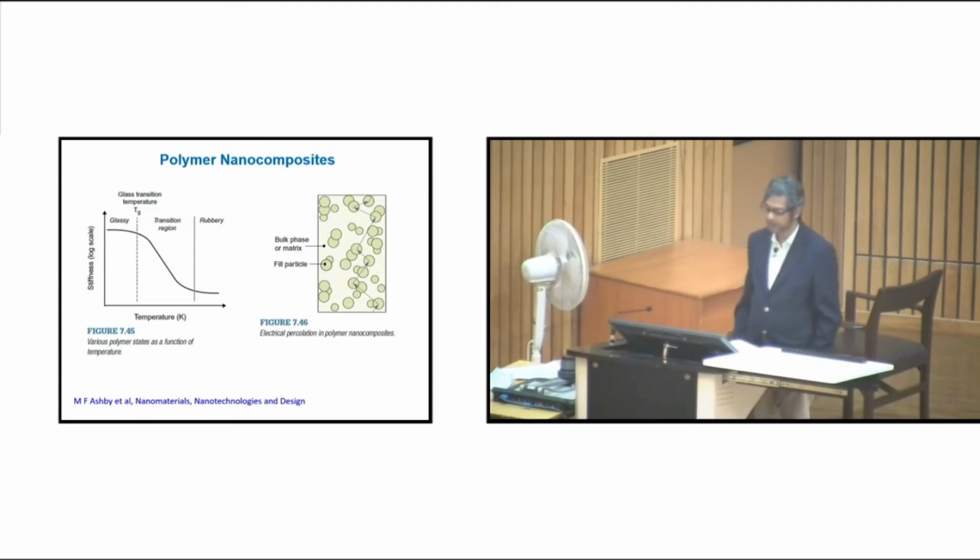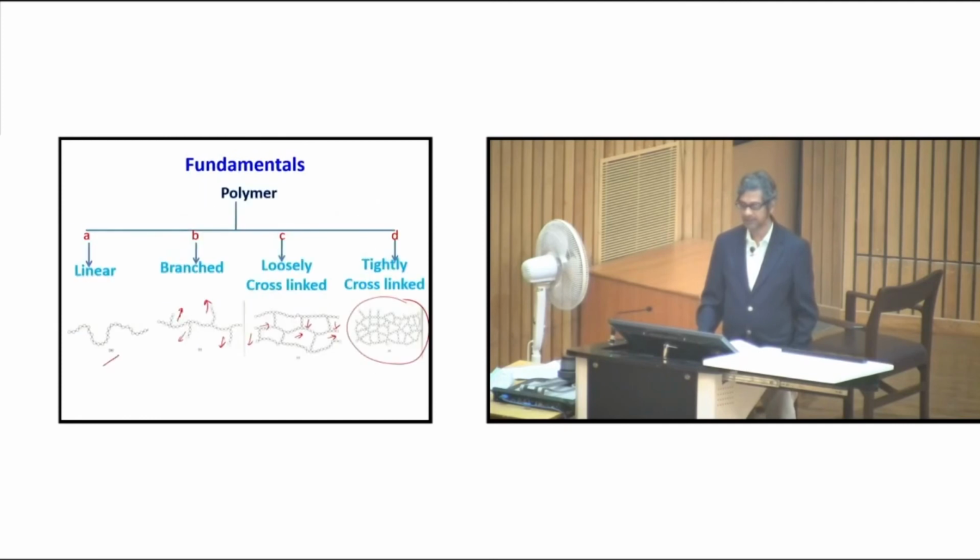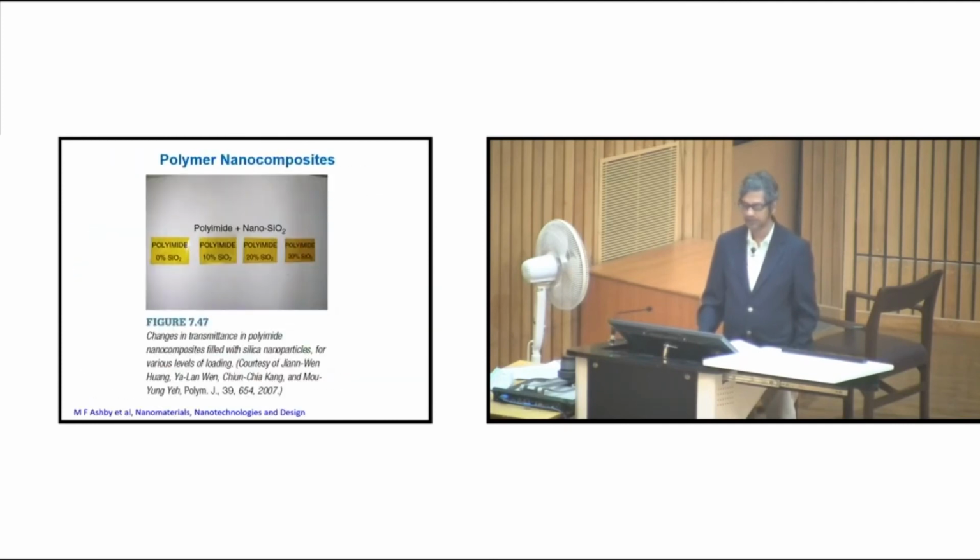In terms of optical properties, there is a large development, large interest in the transparent nanocomposites. Transparent nanocomposites are very widely used. This is what I discussed just a couple of minutes back, and with enhanced mechanical and electrical properties.